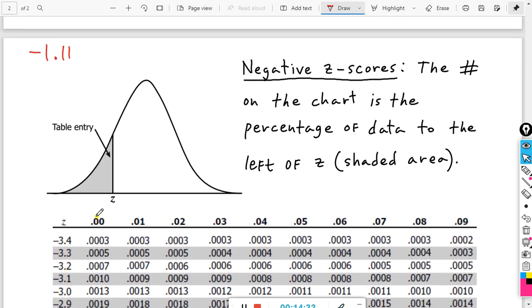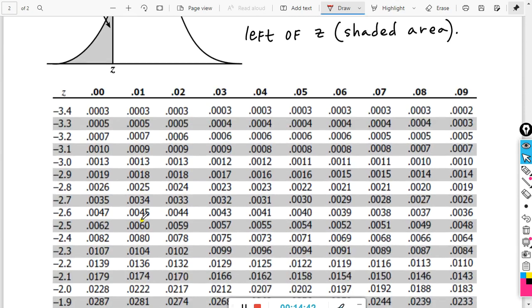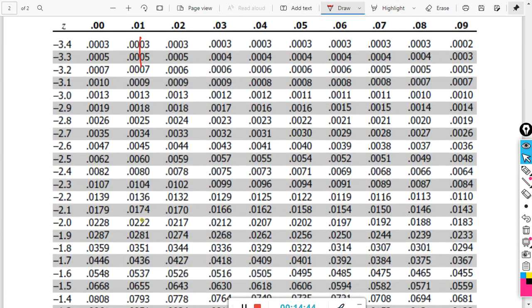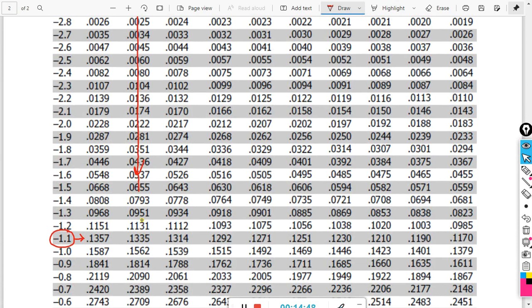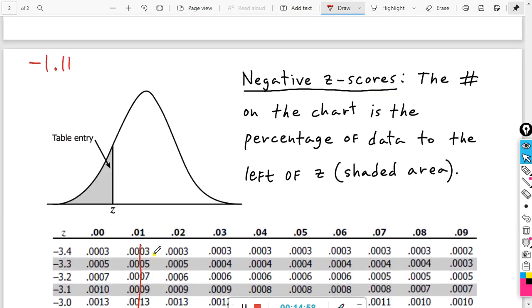This is negative 1.10, negative 1.11. All right, this is the second decimal, so we're tracing this column down. All right, so go down like this. Keep going. And this one you go to the right, and here they meet at 0.1335.